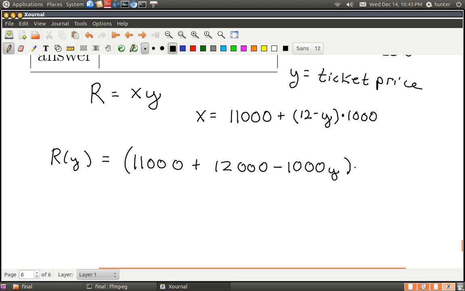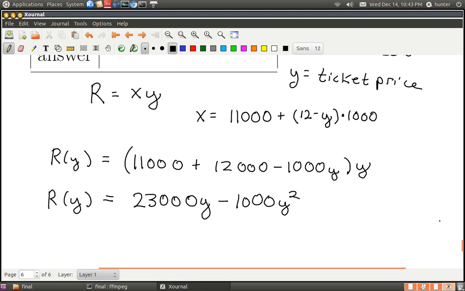And this is all times y. So let me get this cleaned up before I take the derivative. So put these two together, what do you get? You get 23,000, and so you multiply in the y and you get 23,000y. And you multiply the y in here and you get minus 1,000y squared.